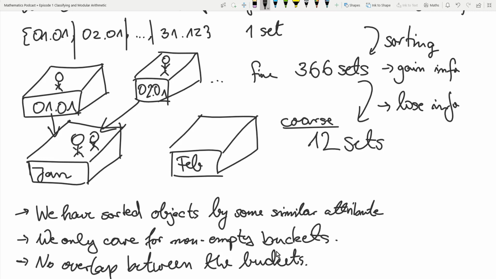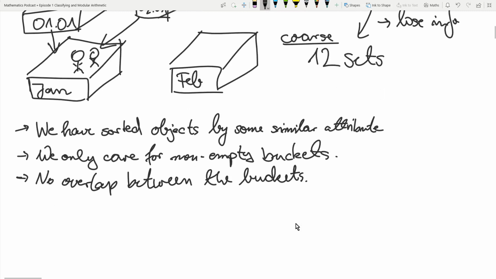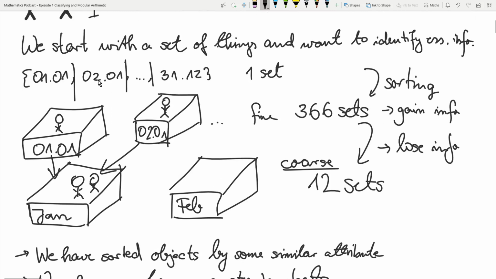But that's not all. Not only should there not be overlap, and every bucket should have something in it, but also we have to have enough buckets. All the buckets put together have to give everything. Because if we sort human beings, for example some subset of every person living in the United States, by their date of birth, afterwards every single person has to be put away somewhere, which means we never skip anyone.